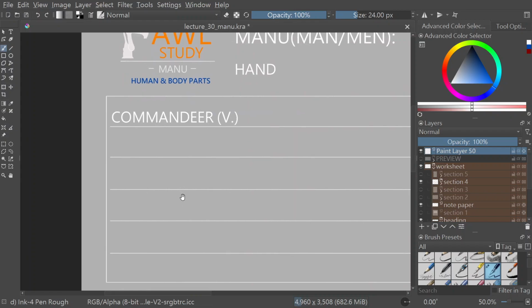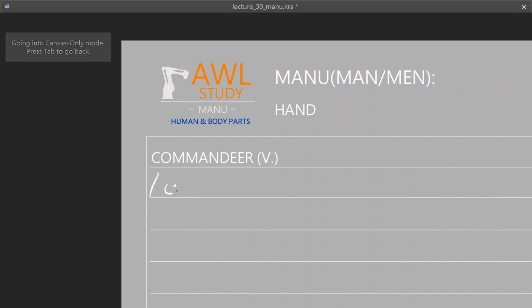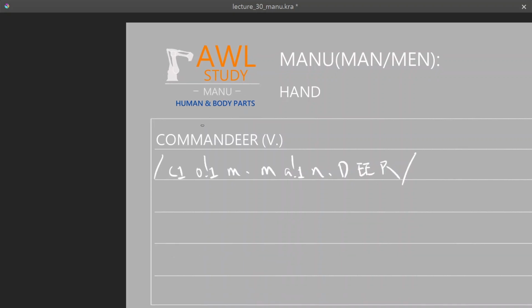commandeer. Again, the first schwa sound, commandeer, with the double E. Commandeer.